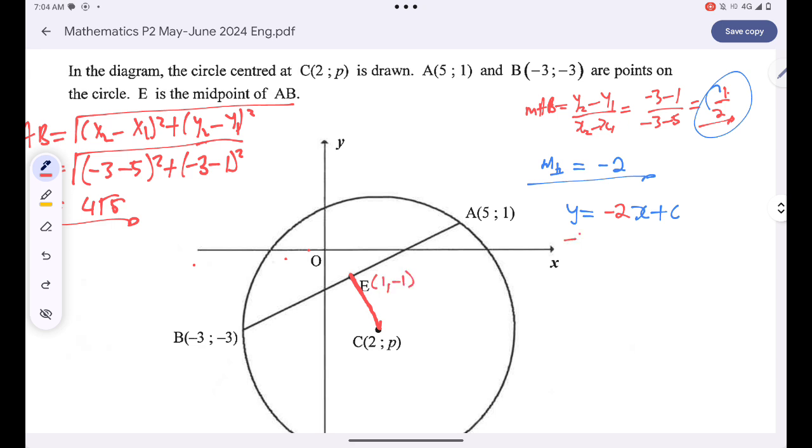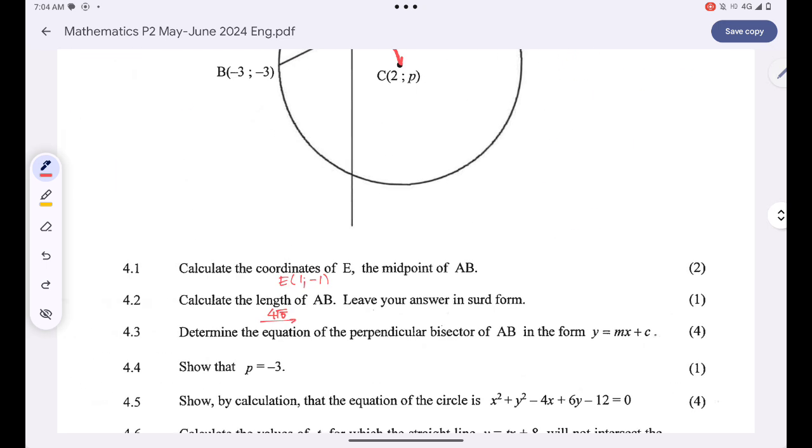So I know that y is negative 1 when x is equal to 1. So therefore, the y-intercept will simply be equal to 1. So the equation of the perpendicular bisector is y equals negative 2x plus 1.